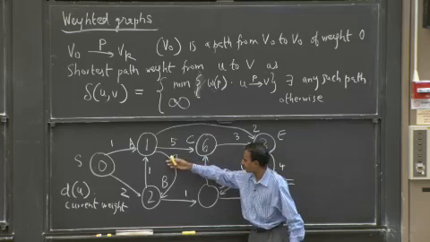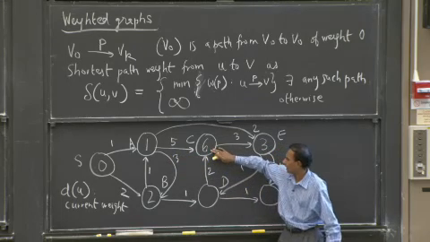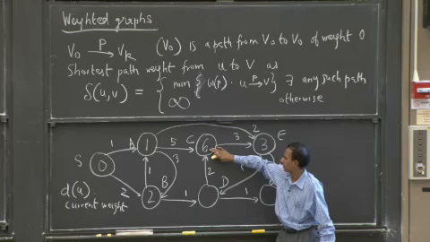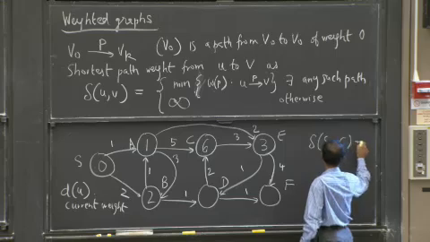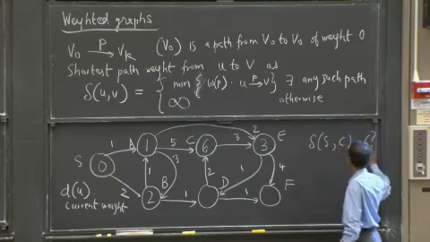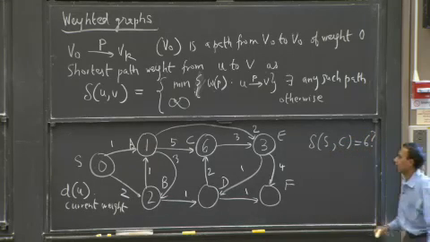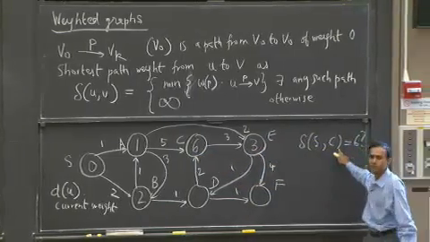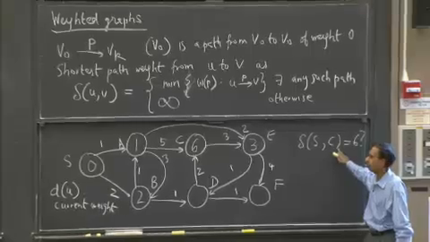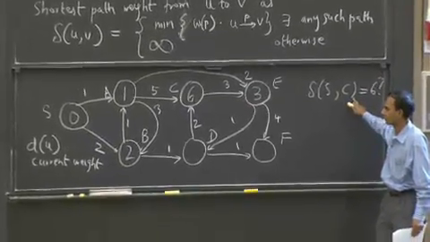Now, is it in fact true that delta s comma c equals 6? No. Is there a better way of getting to c? And what is the weight of that? What vertex do I have to go through?